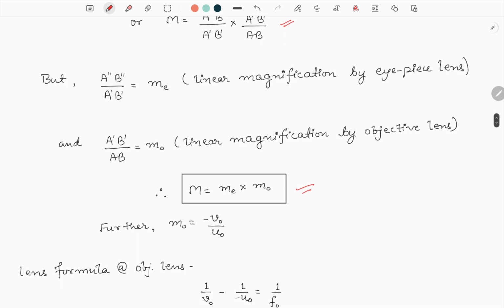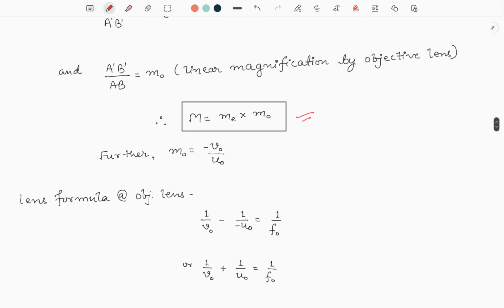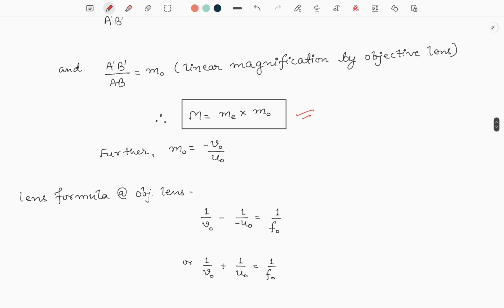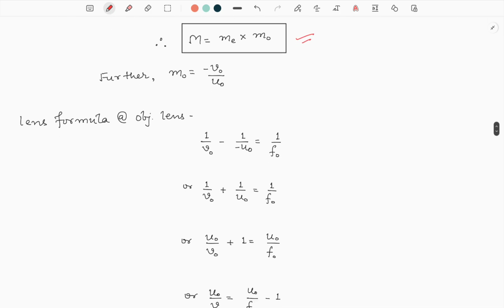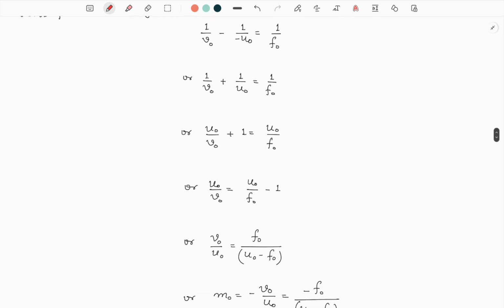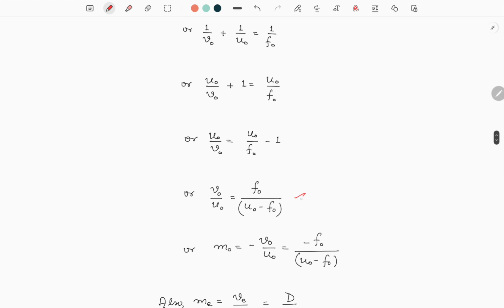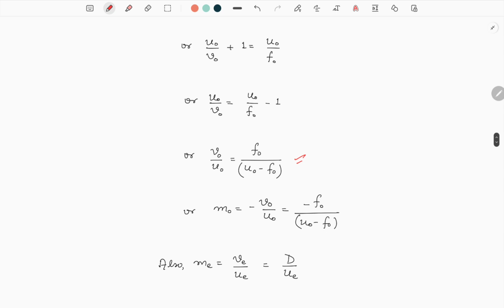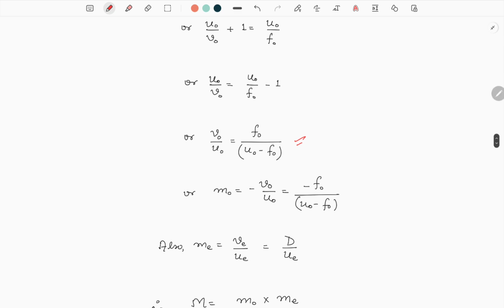Now M0 we can further write as minus V0 by U0 using the ray diagram, and if we apply the lens formula also, you can get another value for V0 by U0 as F0 upon U0 minus F0. So you can replace the M0 value by minus F0 upon U0 minus F0.